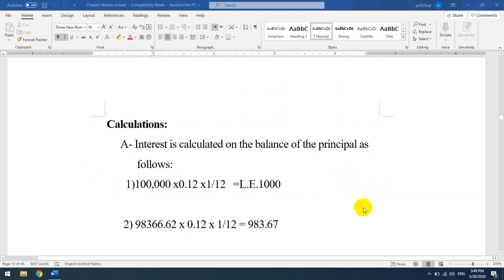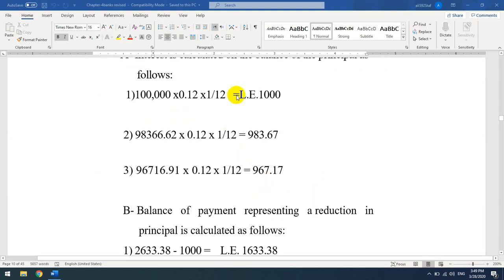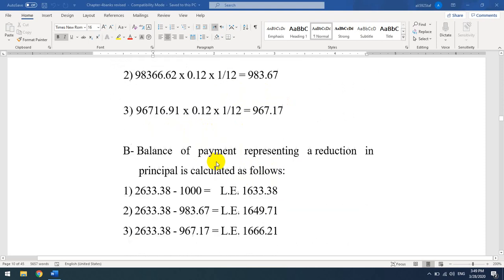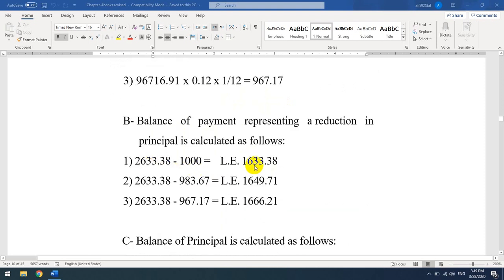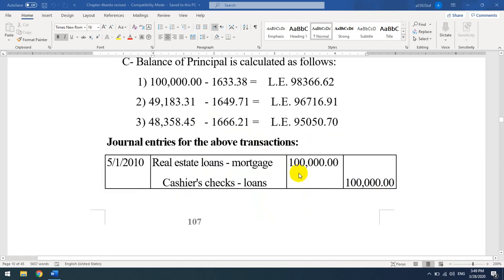This is a part of the amortization schedule. This is the calculation of interest during the first 3 months. This is the way to calculate the balance of the principal or the loan by the end of each month, as you see.